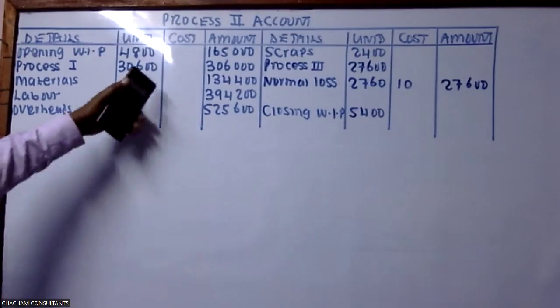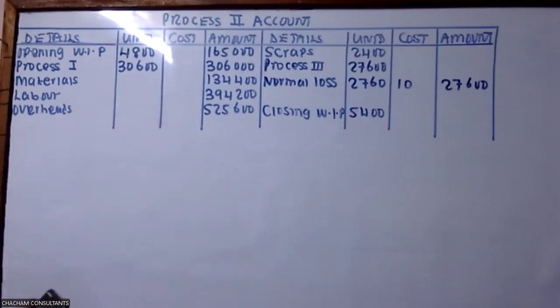So you add this 4,800 plus 30,600 equals 35,400. So if I less 5,400 and I less 2,760 and I less 27,600 and I less 2,400. How many are we getting?